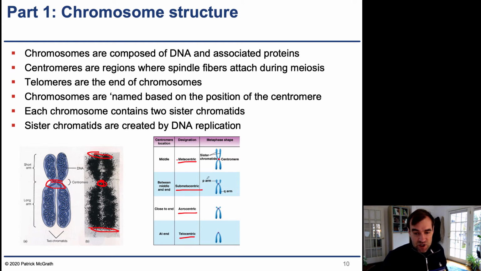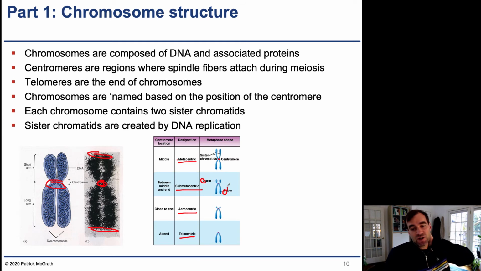And the position is often named with the number of the chromosome and then whether it's on the P or the Q arm. So those P's and Q's are useful to know because they become important for naming conventions of locations of genes and other loci that might be of interest.